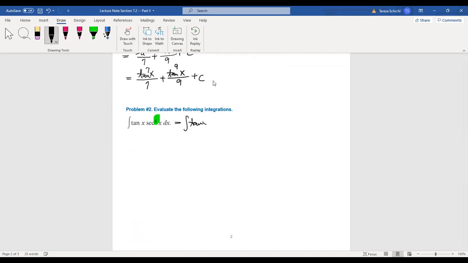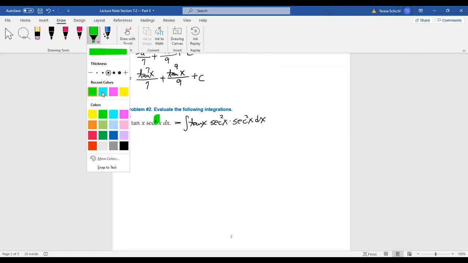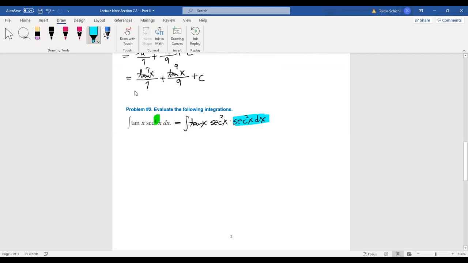So this is tangent x secant square x dx, and the reason, like we mentioned, is that I want this to be my du. Then I can use the identity: secant square x is 1 plus tangent square x, and then the secant square x dx.